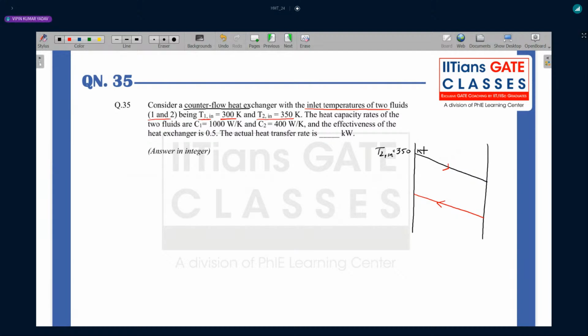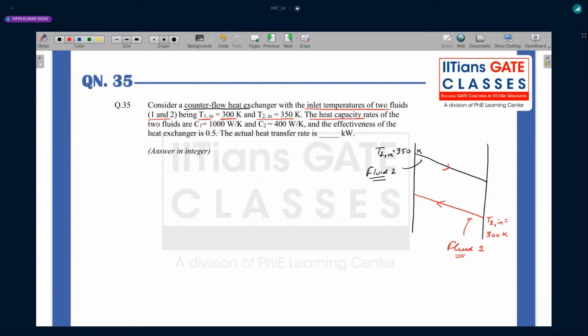Okay, and T1 in is equal to 300 Kelvin. Okay, so now this is my fluid 2, and this one is my fluid 1.